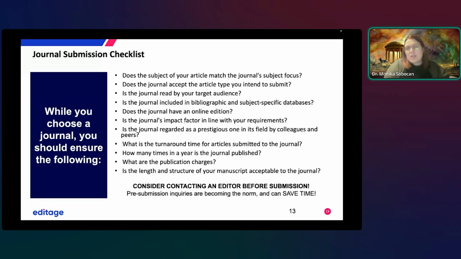Another question is, does the journal have an online edition? Already in this day and age, it might be a very rare event that someone doesn't have an online edition, but it might be an important event, especially if you are publishing for your PhD.